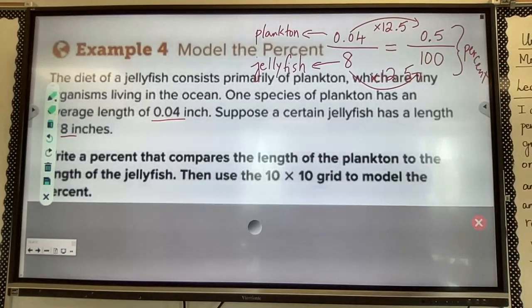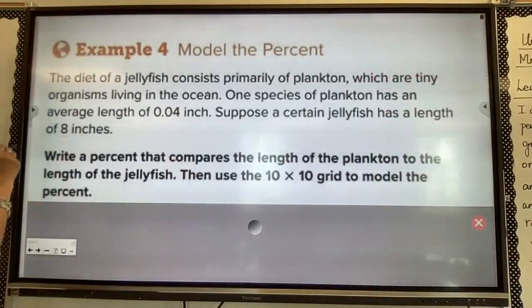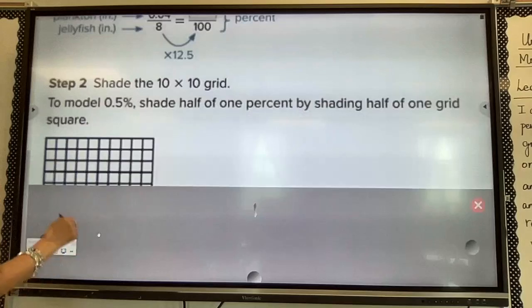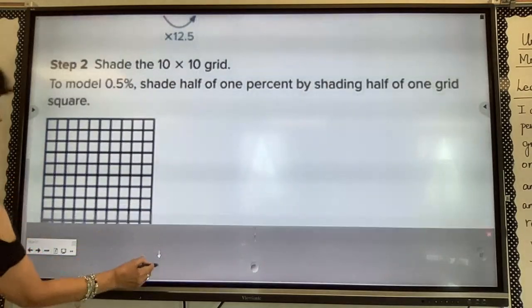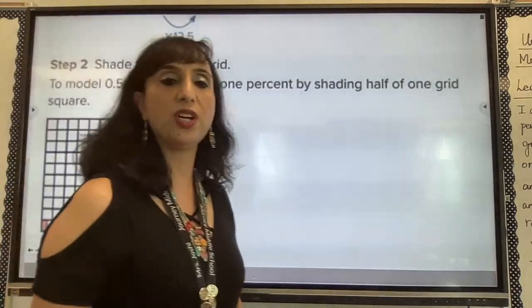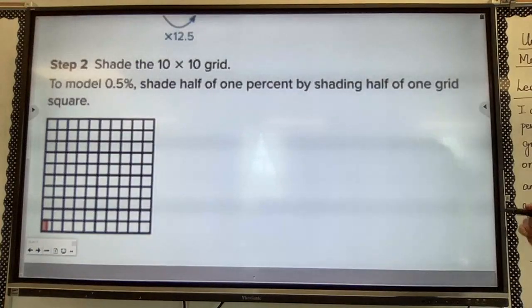So if I was to shade a 10 by 10 grid, I'm just going to show you the shaded region. There we go. Just this little portion over there, because we said that the answer is 5/10.